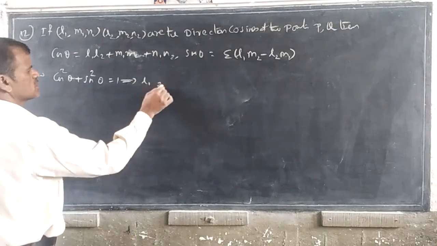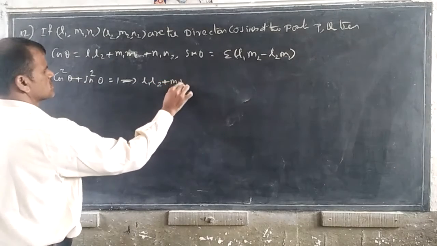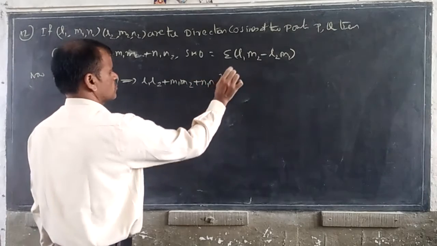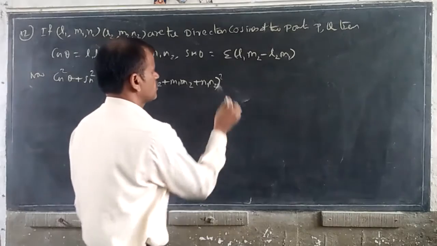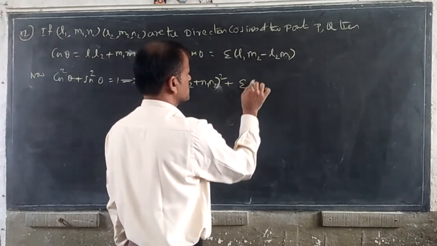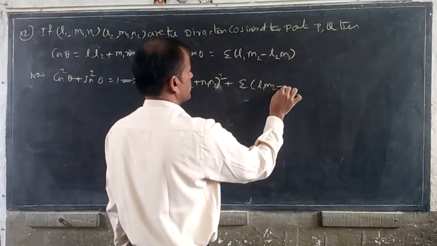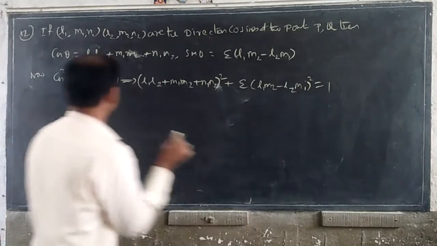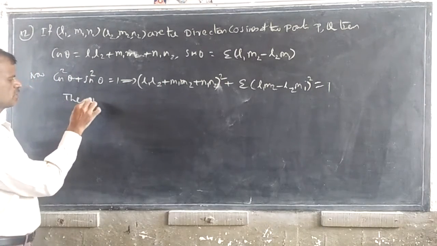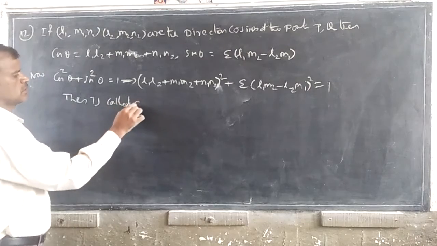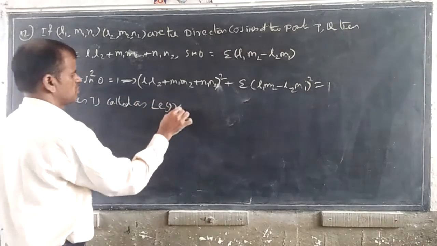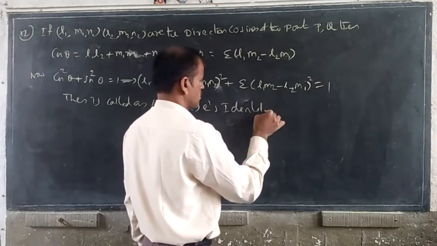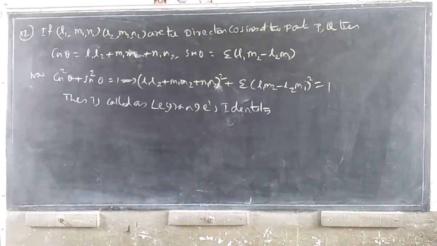This can be written as L1 L2 plus M1 M2 plus N1 N2 whole square plus sigma of L1 M2 minus L2 M1 whole square equal to 1. This is called Lagrange's identity, named after the mathematician Lagrange. This is a formula.